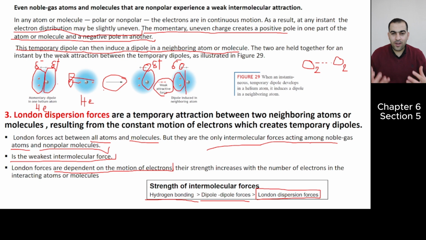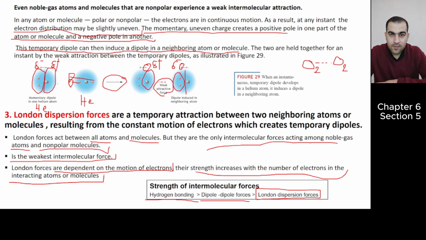But the strength increases when there are more electrons. It is going to be stronger if the number of electrons in the attracting molecules increases. For example, helium and helium have two valence electrons, and we have argon.